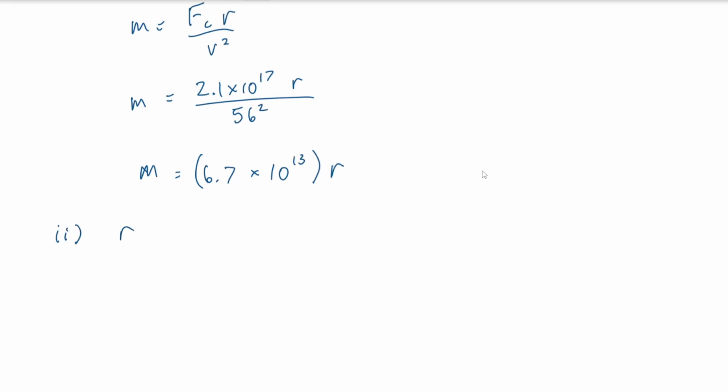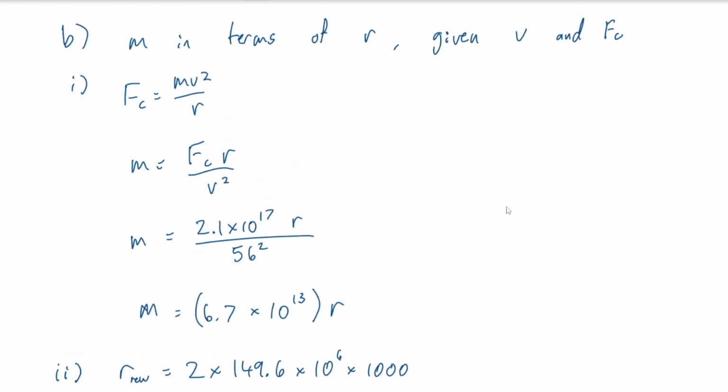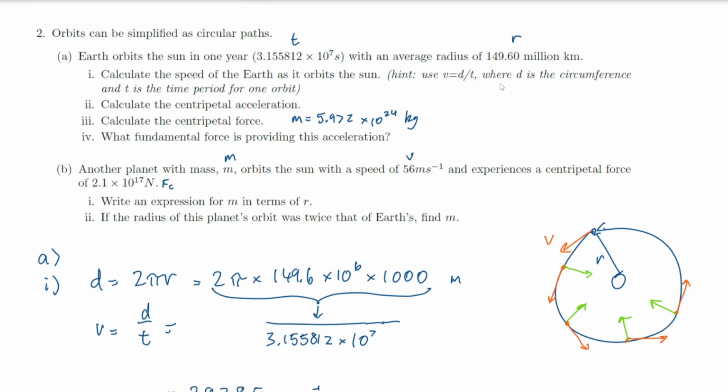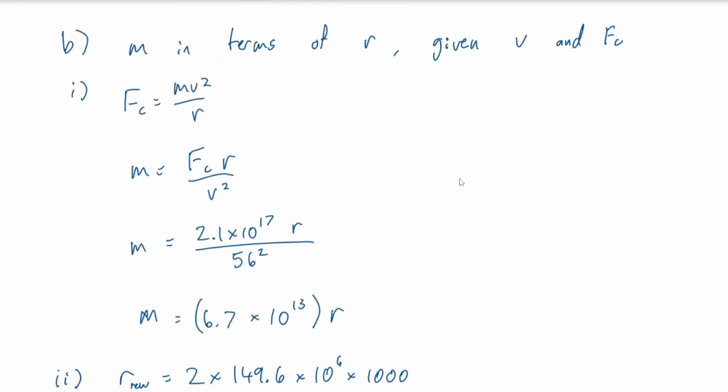So the radius of this new planet is 2 times the Earth's orbit radius. That's a mouthful. Which was that, I believe? 149.6, yep, million, and then into meters.